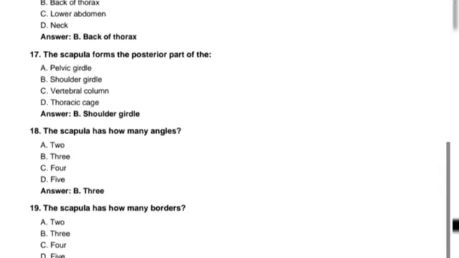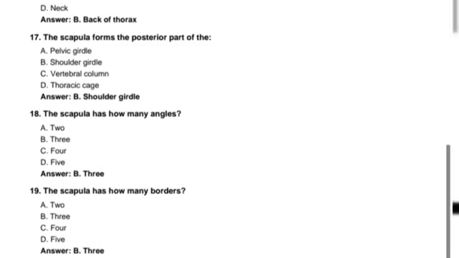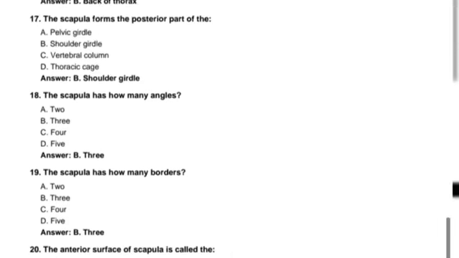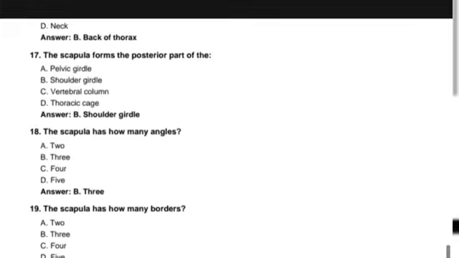The scapula lies at the option A front of thorax, option B back of thorax, option C lower abdomen, option D neck. The right answer is option B back of thorax. Question number 17. The scapula forms the posterior part of the option A pelvic girdle, option B shoulder girdle, option C vertebral column, option D thoracic cage. The right answer is option B shoulder girdle.